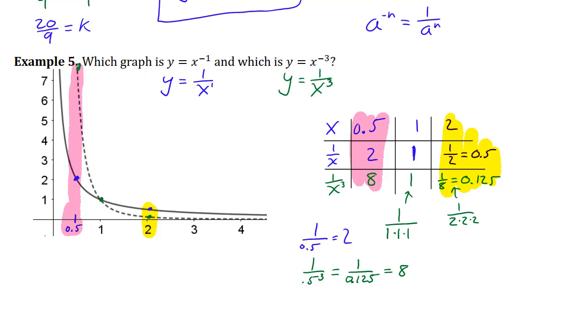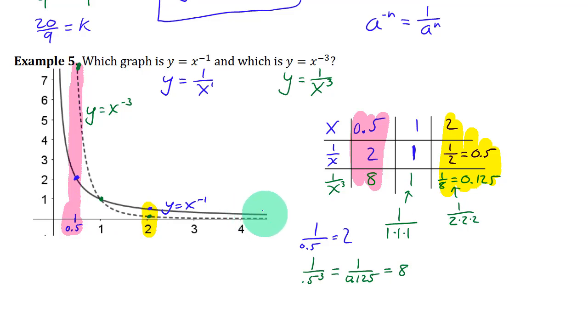So the dotted line one must be 1 over x to the third, or y equals x to the negative third. And the solid line one must be y equals x to the negative 1. They have some things in common. They both have what you call asymptotes. As x gets really big, the y-coordinates in each graph get close to 0.